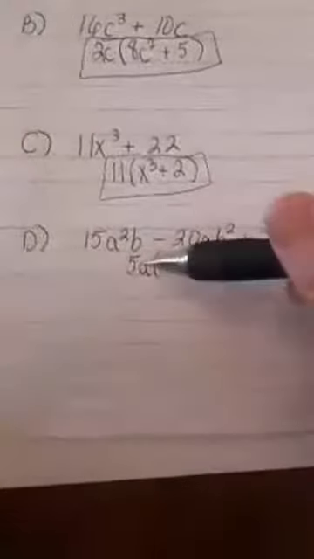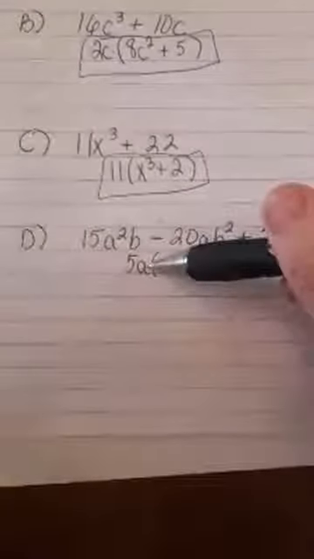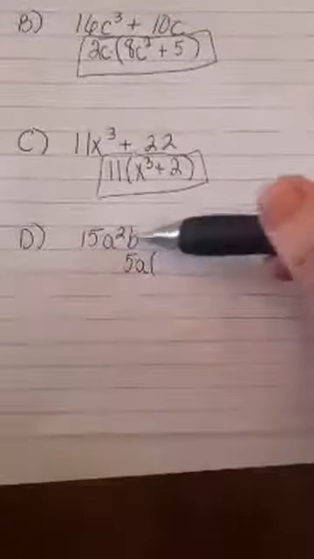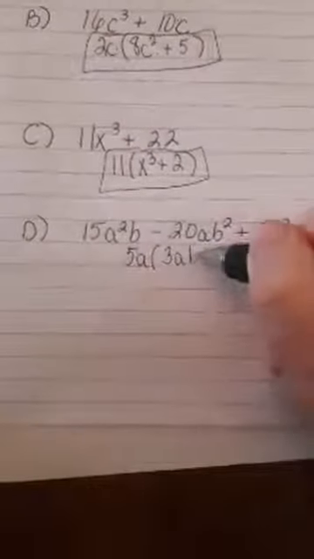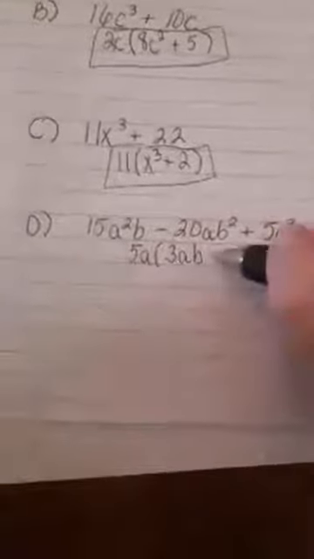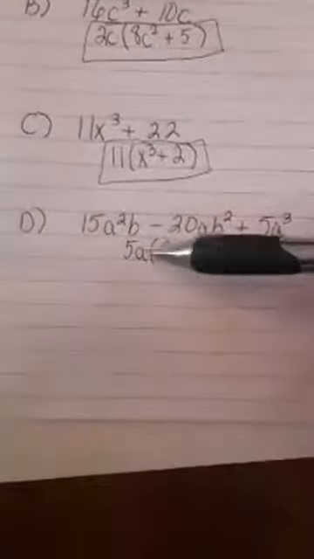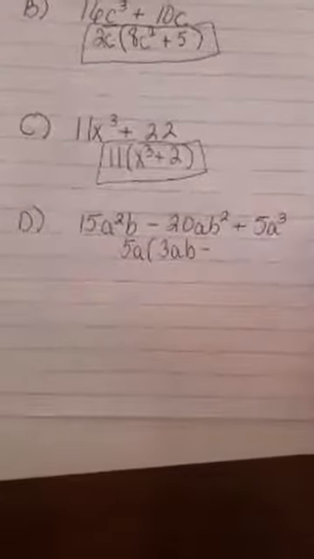Then your parentheses. And what do you multiply 5a by to get 15a squared b? And it's going to be 3ab. And then minus, what do you multiply 5a by to get 20ab to the second? That's going to be 4.